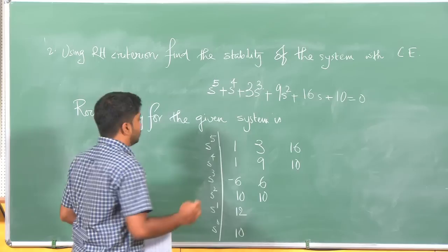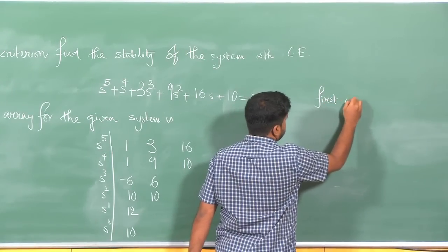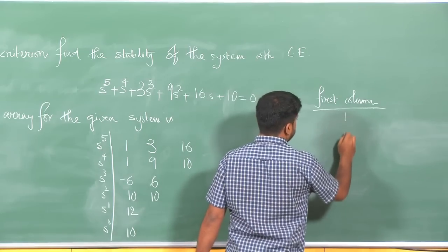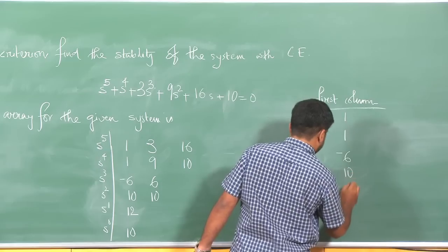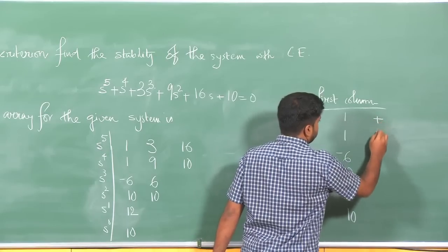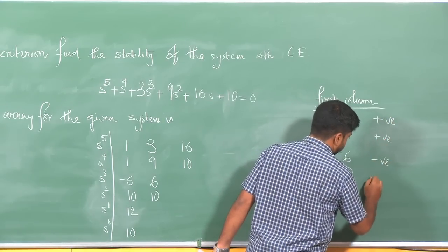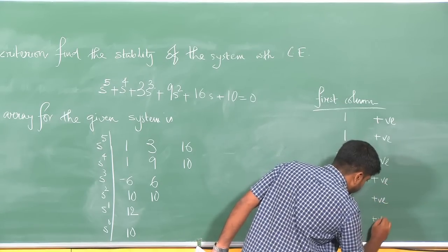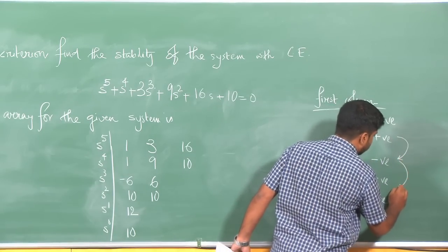So, now the first column is 1, 1, minus 6, 10, 12 and 10. So, positive, negative, and there are two sign changes, from here and from here.